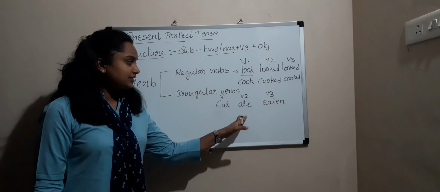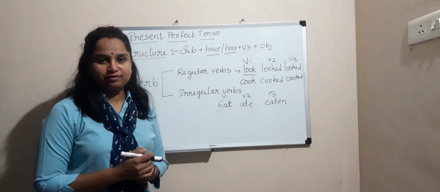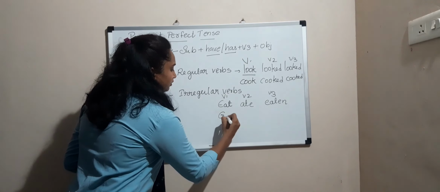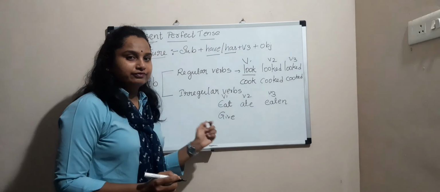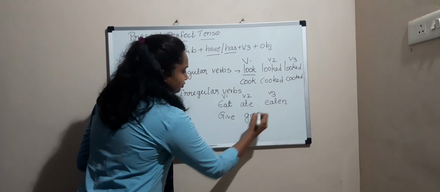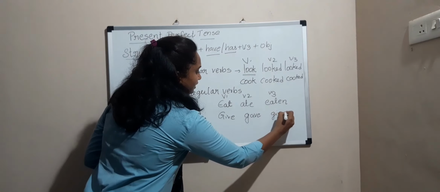Eat, ate, eaten. Let's take another example for irregular verbs. Give, verb 1, gave, V2, given, V3.